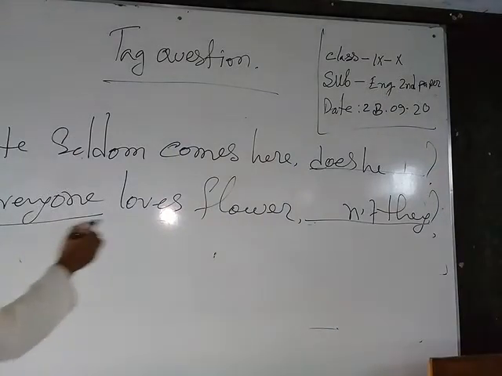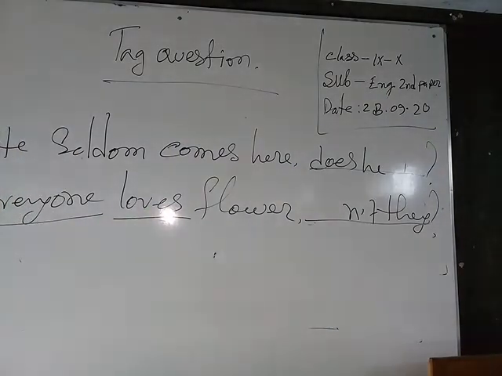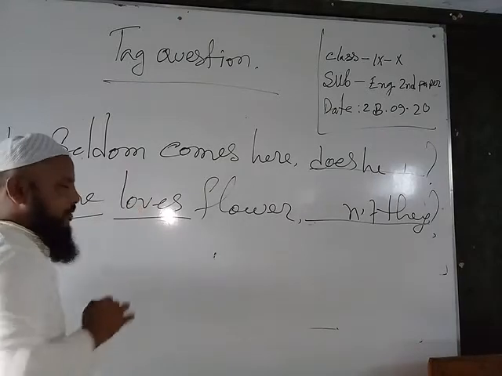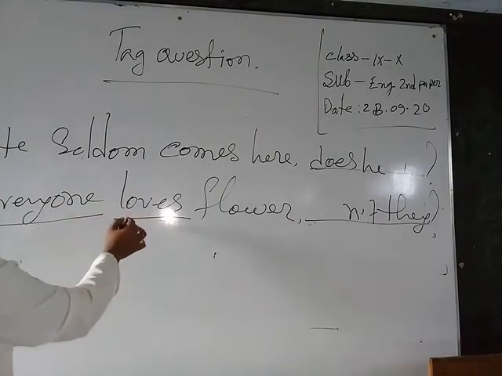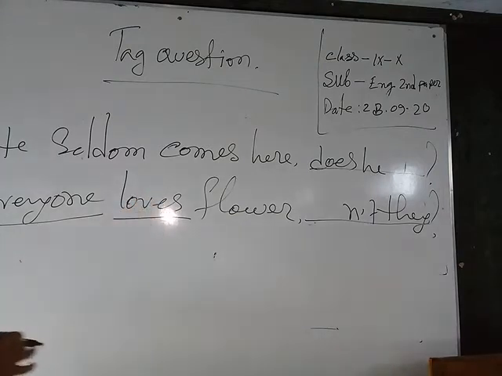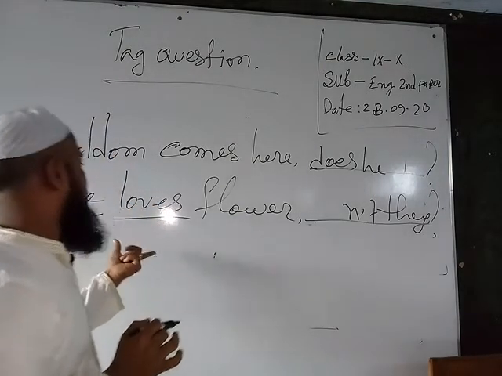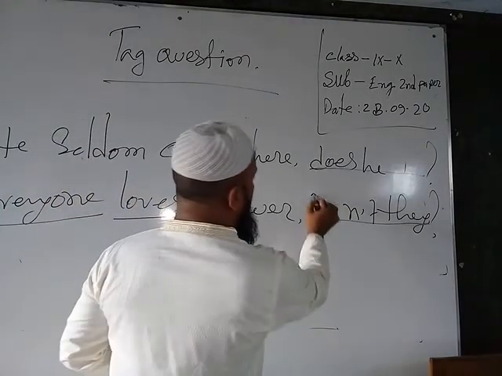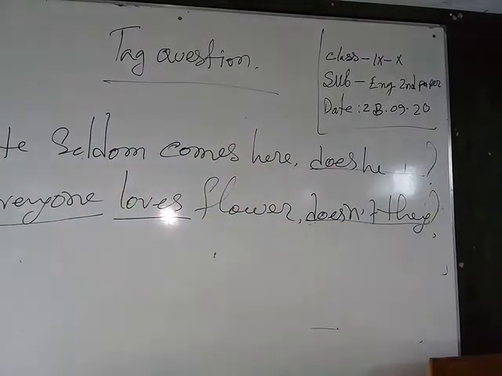There is no auxiliary verb in this sentence, so we use does, because here the principal verb or main verb is love, and s or es is added here. So if the verb takes s or es, we use does. So finally the answer is doesn't they.